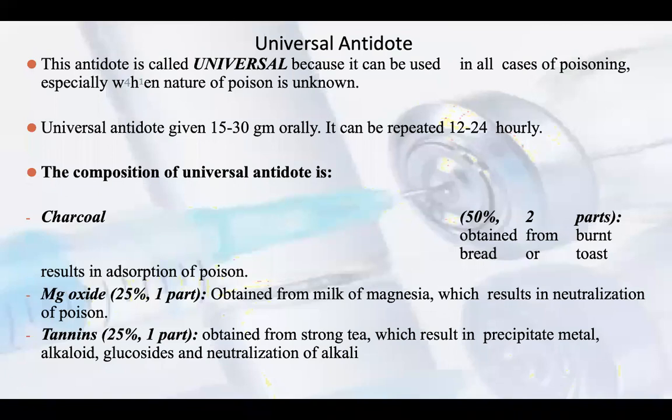Tannins, 25%, 1 part, obtained from strong tea, which results in precipitation of metals, alkaloids, glucosides, and neutralization of alkali. So now you can say that 50% charcoal, 25% magnesium oxide, and 25% tannins will make a universal antidote.